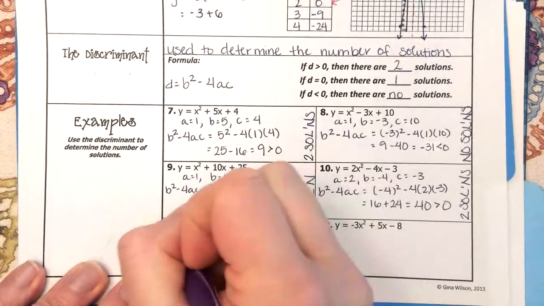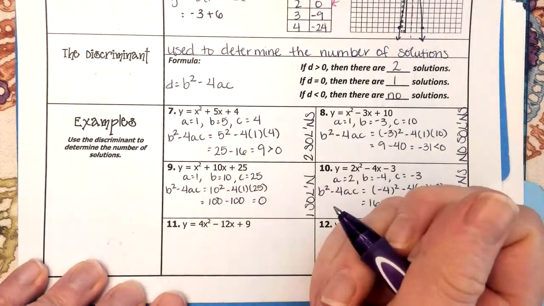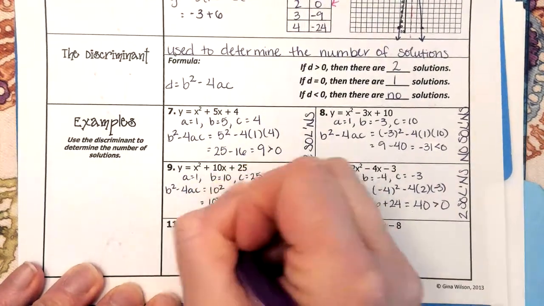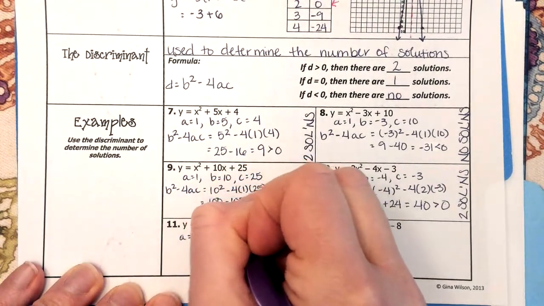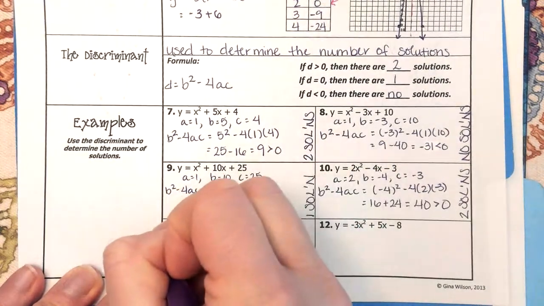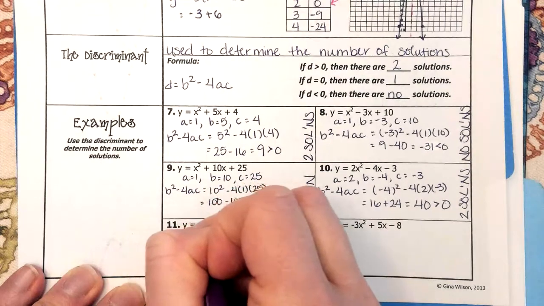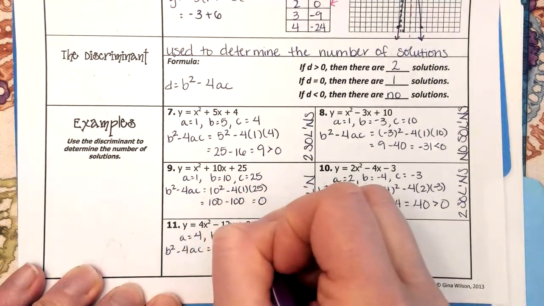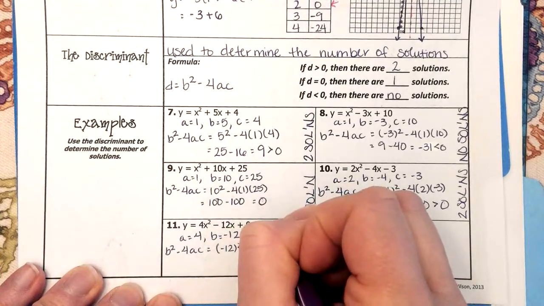Number 11, y equals 4x squared minus 12x plus 9. A is 4, B is negative 12, and C is 9. So my discriminant, B squared minus 4ac, is negative 12 squared minus 4 times 4 times 9.